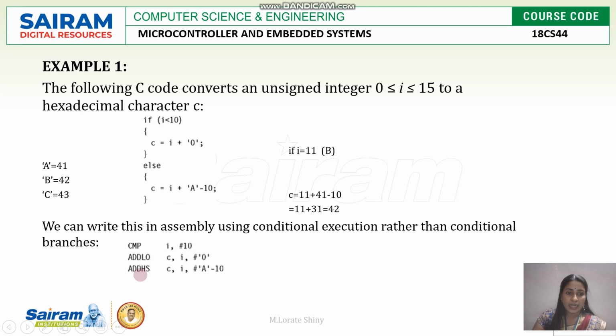If it is higher or same, we use the third instruction, ADDHS c, i, #'A'-10. So this operation can be written using only 3 instructions.